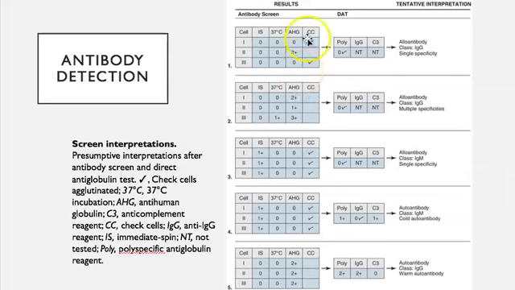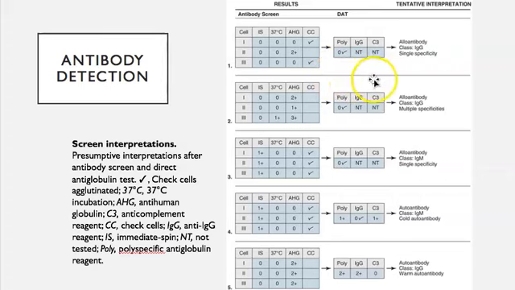CC stands for check cells, and remember we add check cells to all tubes with AHG that give a negative result. So we've added check cells to tubes 1 and 3 because we got negative reactions in both of those. The little check mark just means that we got the reaction we were expecting, which is agglutination.